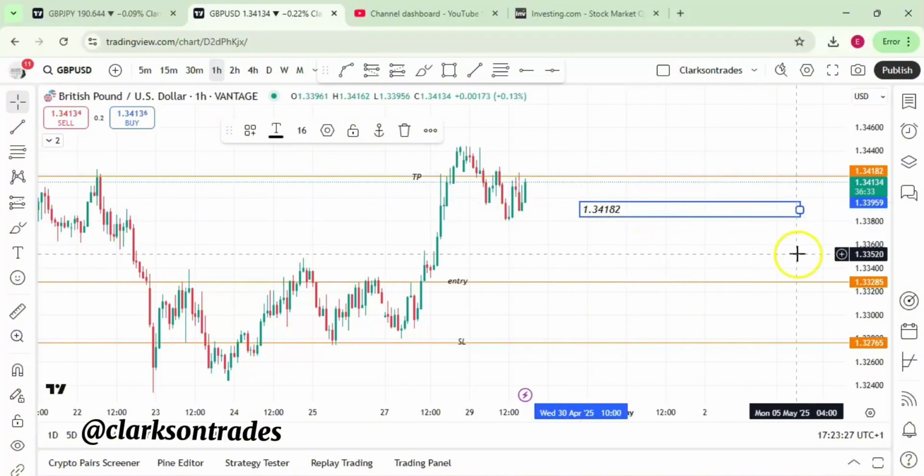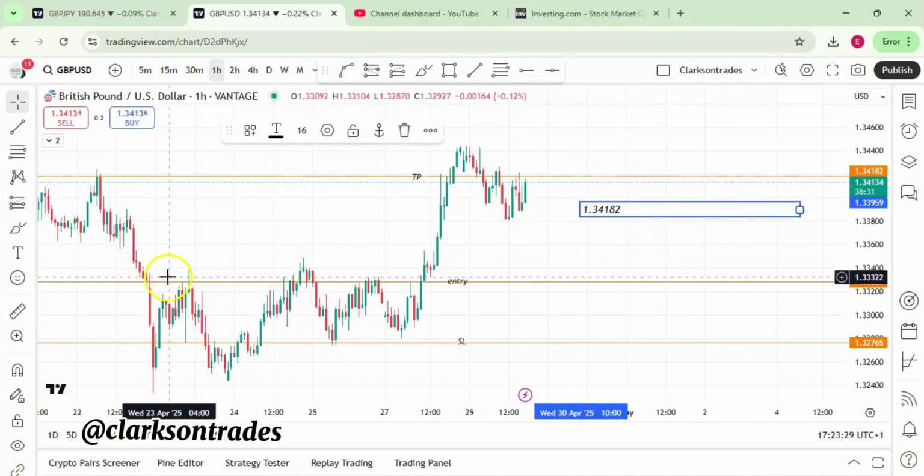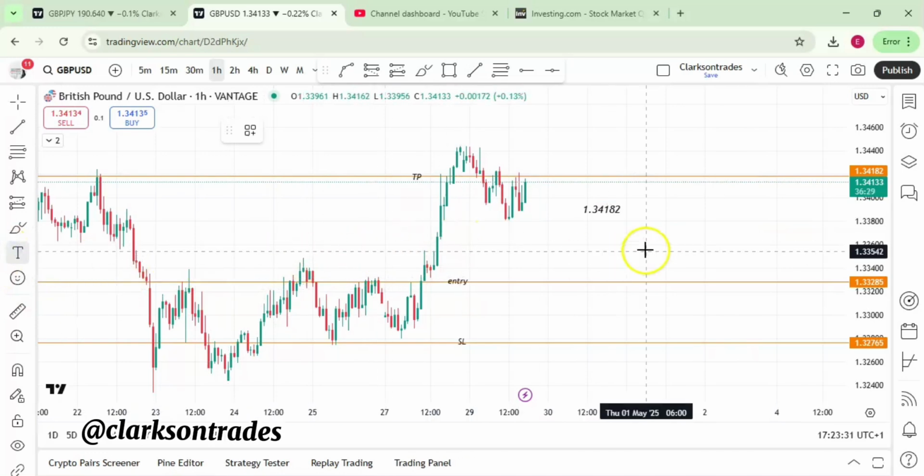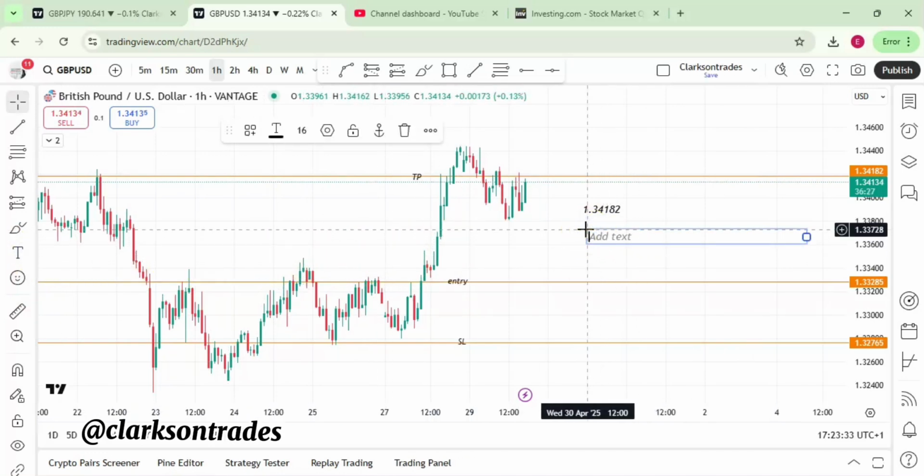That's our take profit price, and our entry price was 1.33285.